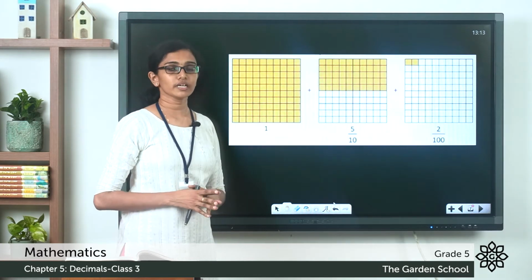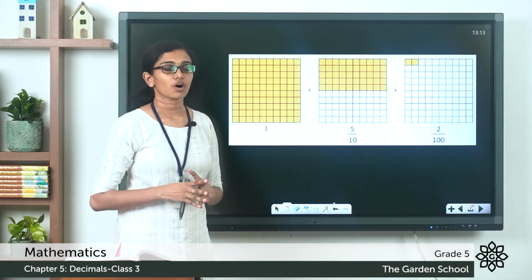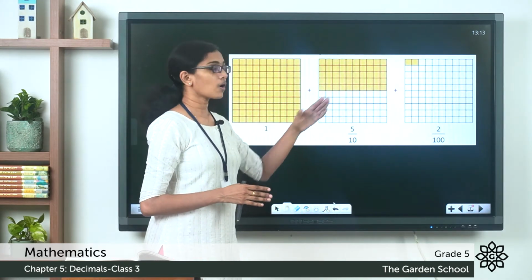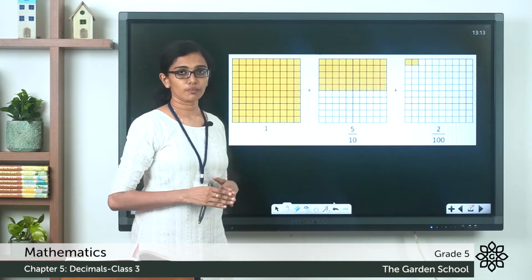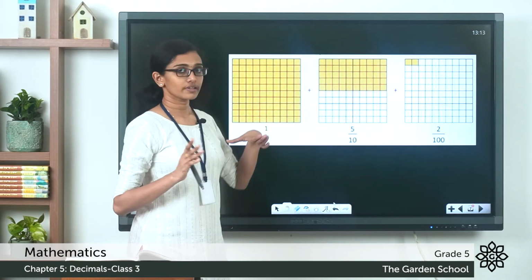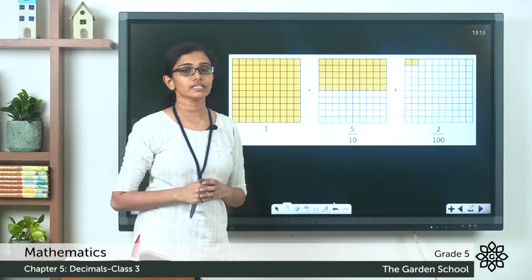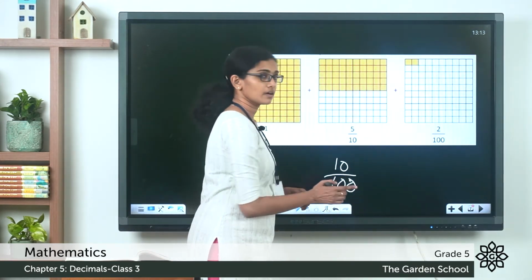Now, we have to represent the tenths part, the 5 tenths or 5 by 10. How do we represent it? See, when you divide the box into 100 smaller units, each small box represents a fraction of 1 by 100. So, like we said before in the previous example, one row represents a fraction of 10 by 100. Clear? Why?